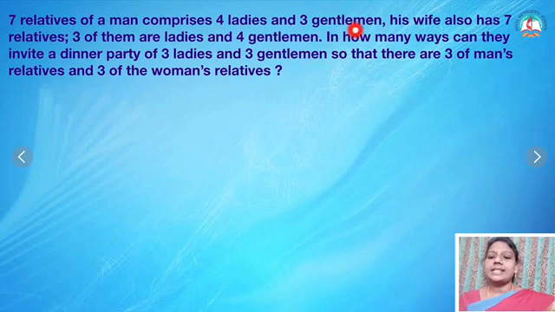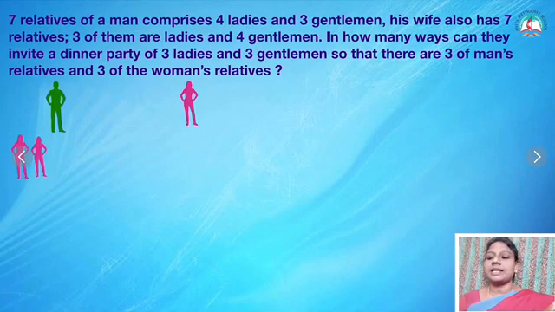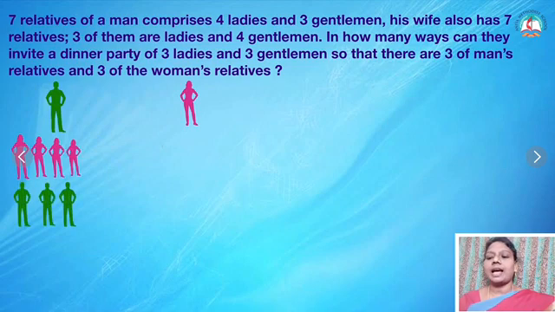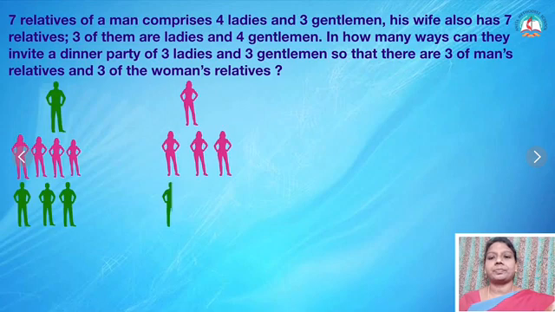Is that clear? Now the next one: 7 relatives of a man comprise 4 ladies and 3 gentlemen. I will just shorten that. The gist is a husband and wife, in which the husband has 4 ladies and 3 gentlemen as relatives, and on the wife's side there are 3 ladies and 4 gentlemen.